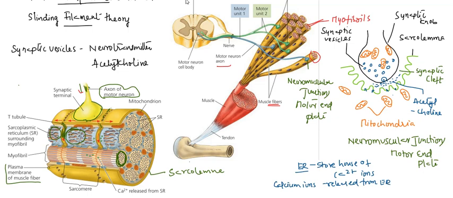So here the point is that when the neural signal reaches the junction, that is the neuromuscular junction, the neurotransmitter called acetylcholine will be released from the synaptic knob. This results in the generation of action potentials in the muscle, which spread through the muscle and finally reach the sarcoplasmic reticulum.